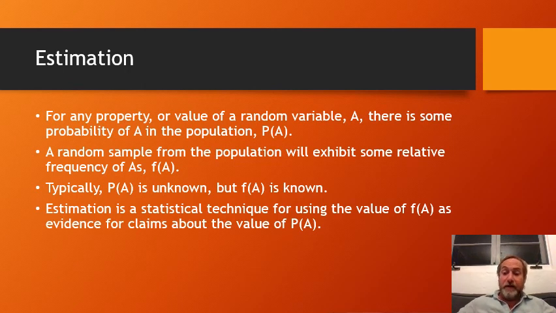We can know the relative frequency in our sample. So estimation is a statistical technique for using that thing we do know, the relative frequency in the sample, as evidence for some claim about the probability in the actual population.